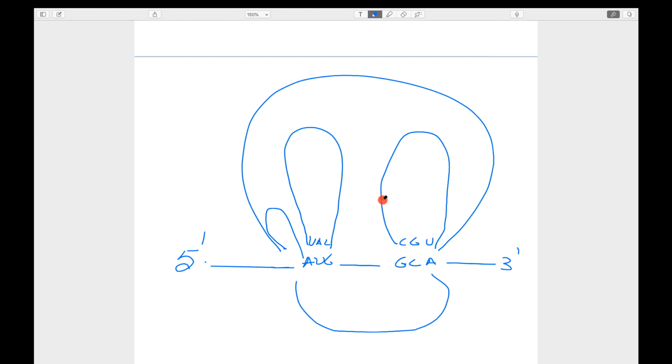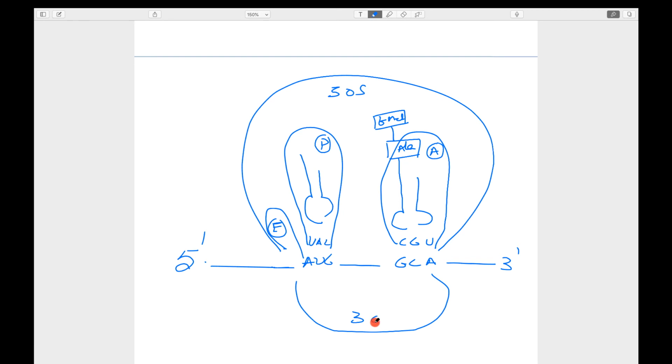There is the deacylated transfer RNA, and in the A site there is a polypeptide, alanine and formyl methionine. This is 50S, this is 30S.